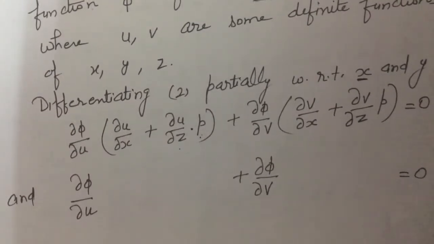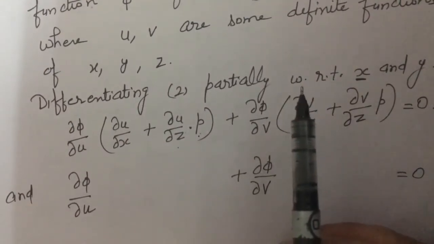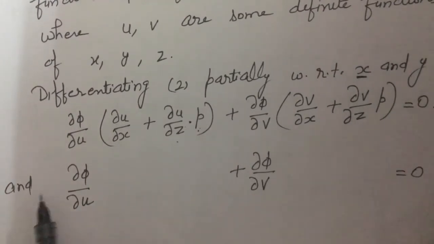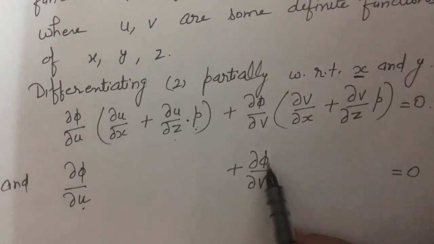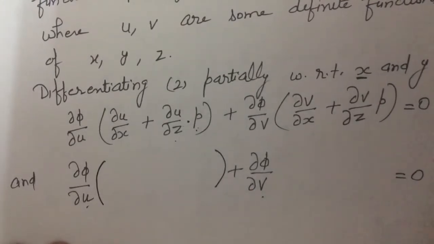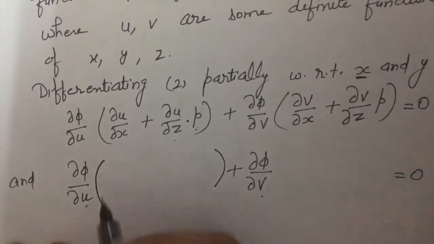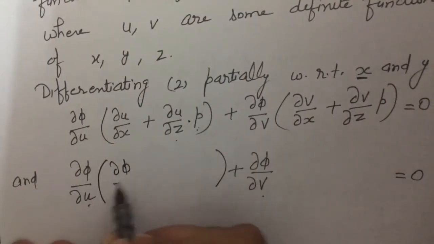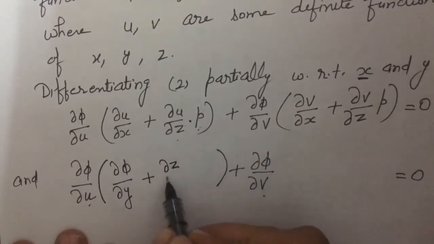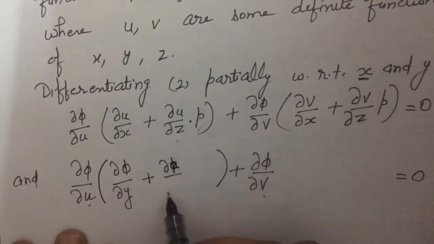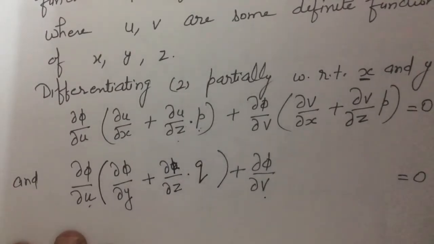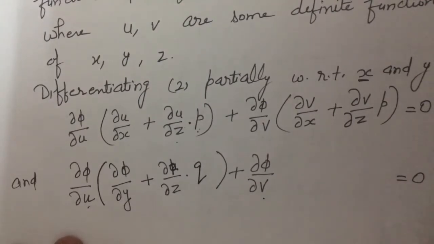When we are differentiating this phi of u, v is equal to 0 with respect to y, how can we write this? ∂phi/∂u plus ∂phi/∂v. Now this u is a function of x, y and z, and we are differentiating with respect to y. So according to the chain rule, we write ∂u/∂y plus ∂u/∂z into ∂z/∂y. This ∂z/∂y can be written as q.